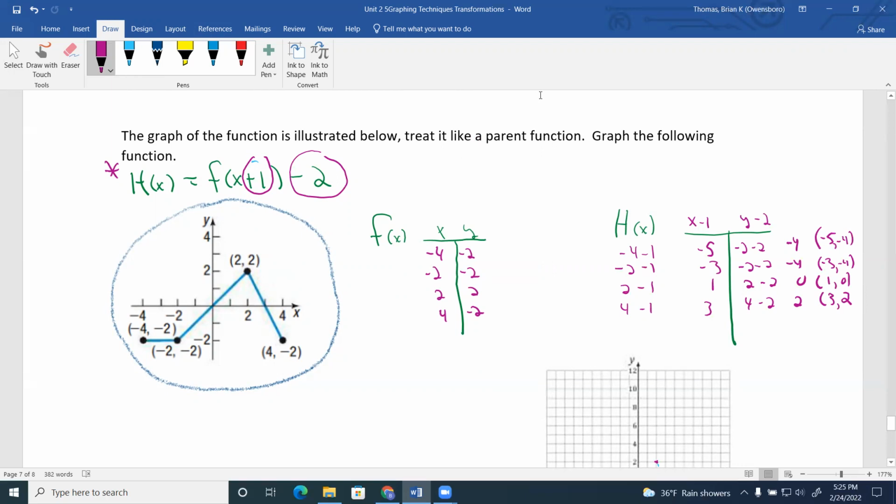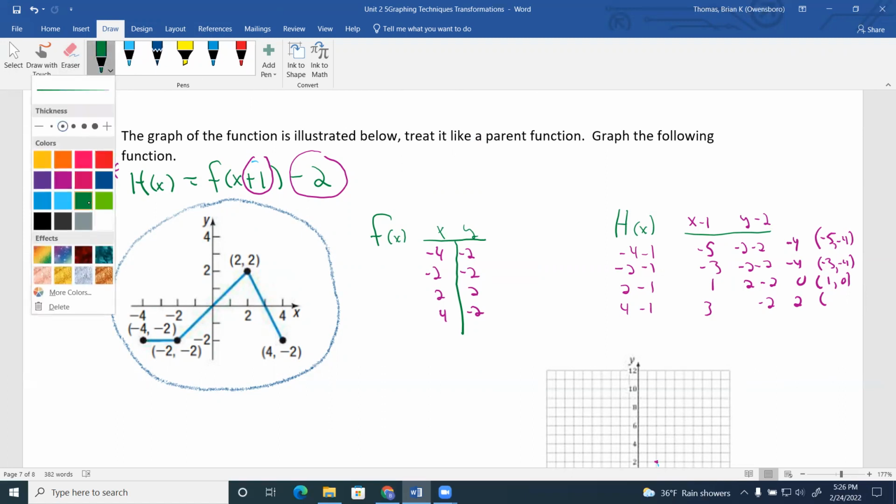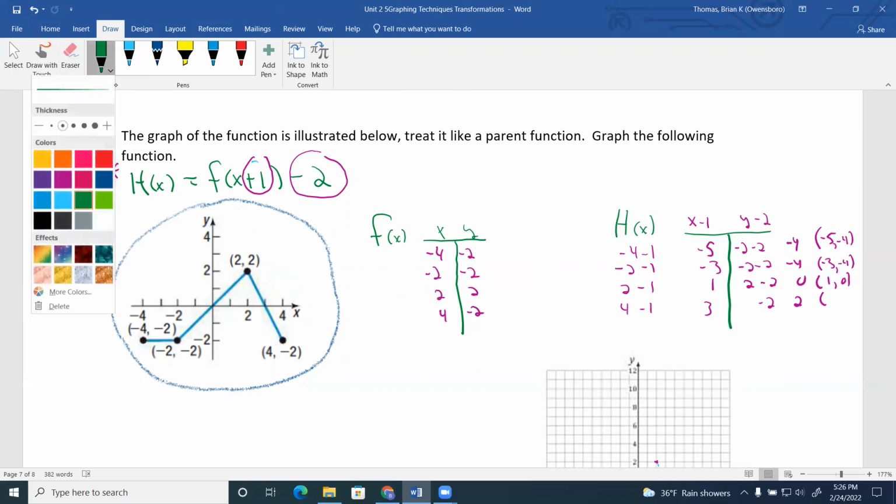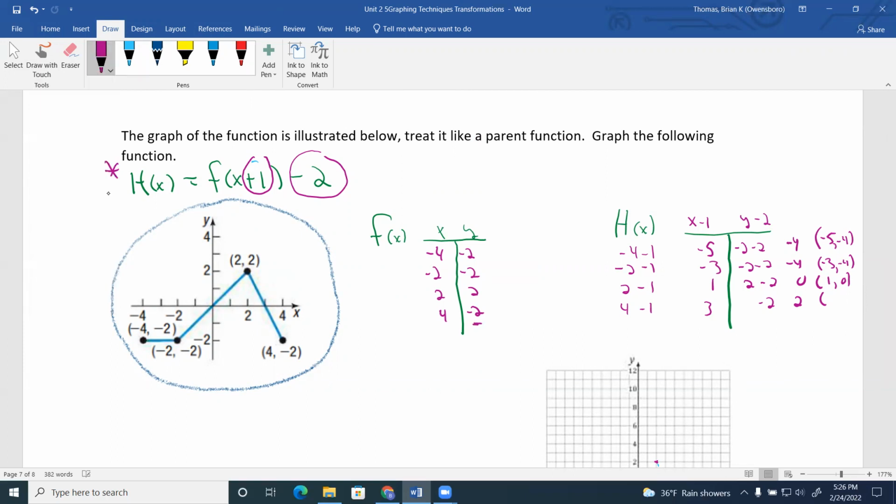Actually, I did that last one wrong, didn't I? That looks a little wonky. That wasn't the right value there. So let me get this going again. We actually had a -2 over here as my y value.